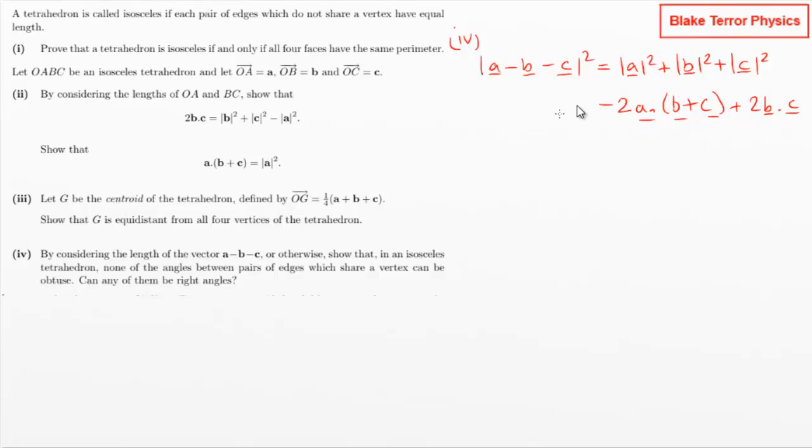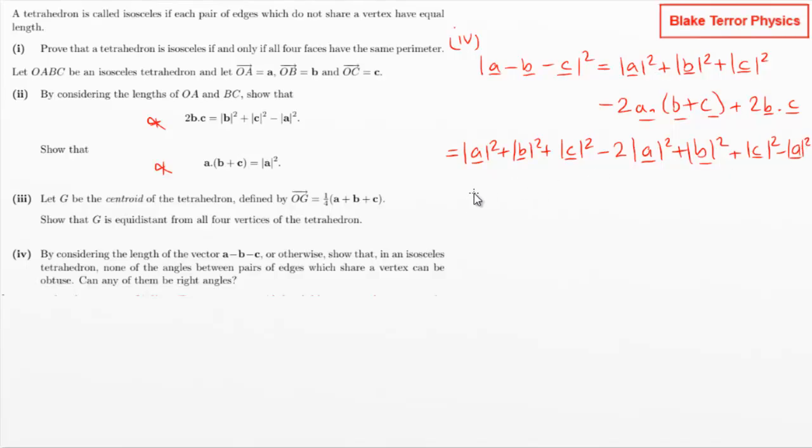Right, so coming back to these things again. So this is giving us the a squared, the b squared, the c squared. Then we've got minus 2 lots of that, so that's minus 2 of a squared. And then we've got the 2 b dot c, which is a plus b squared, a plus c squared, and a minus a squared.